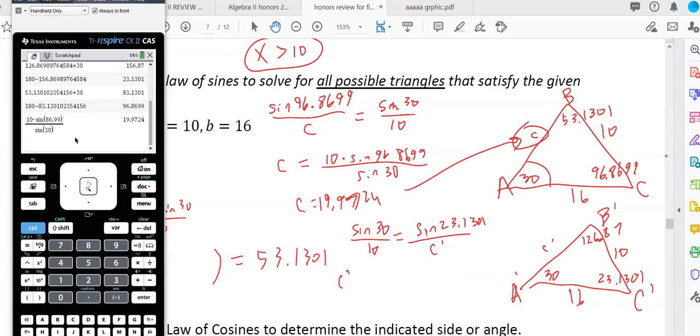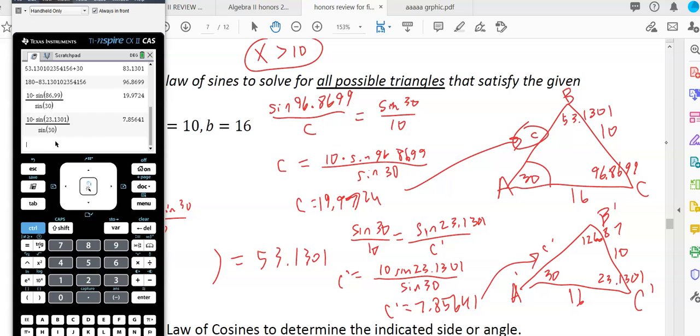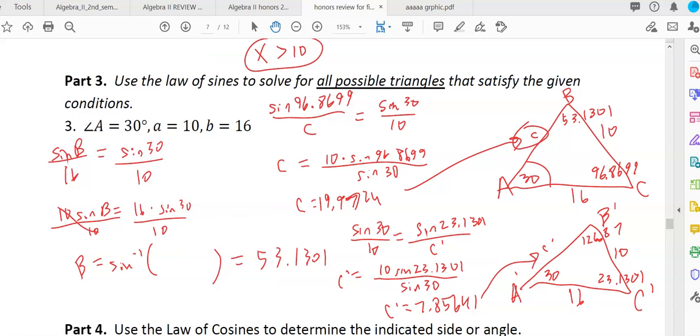So little c prime is going to equal 10 times sine of 23.1301, all divided by sine of 30. So let's see, I'm going to retype that one, except 23.1301. We get little c prime is 7.85641. There we go. A lot of work.